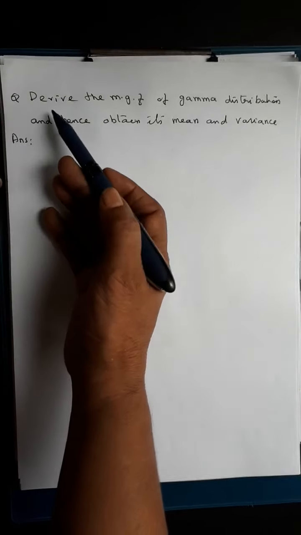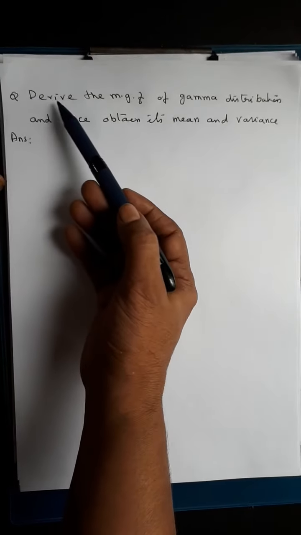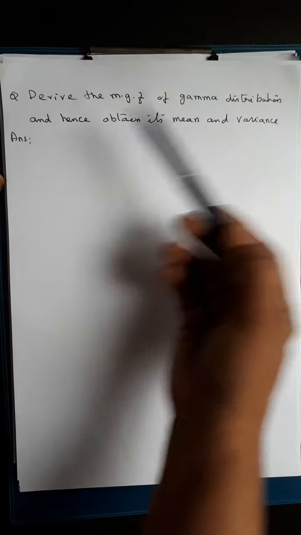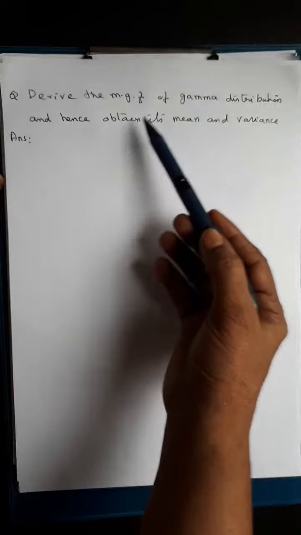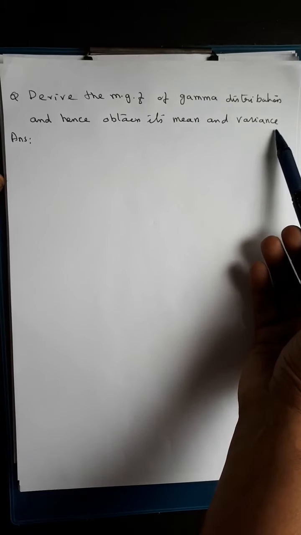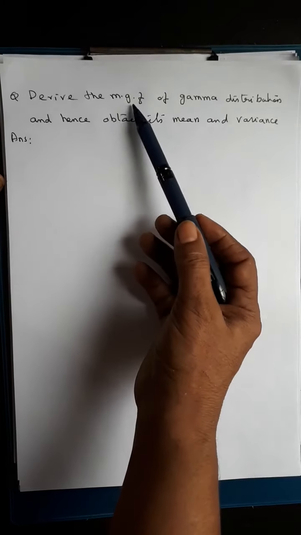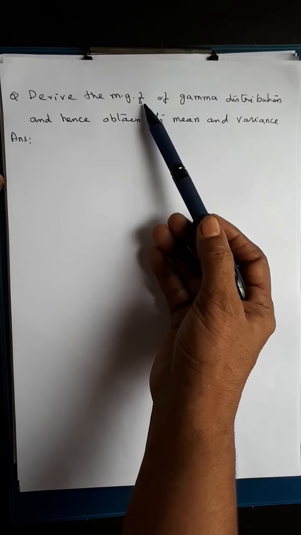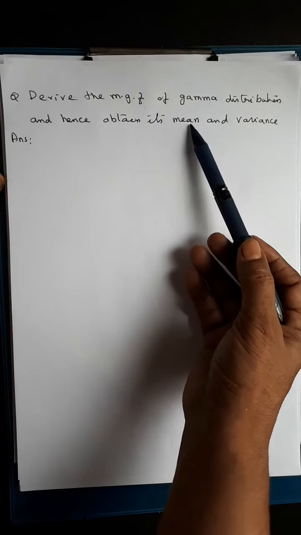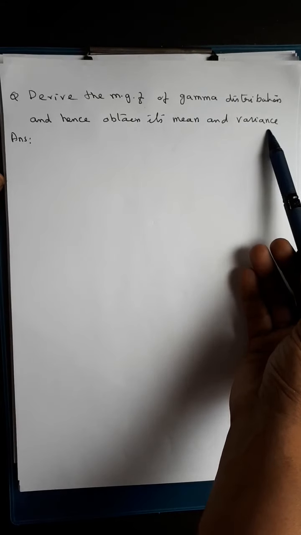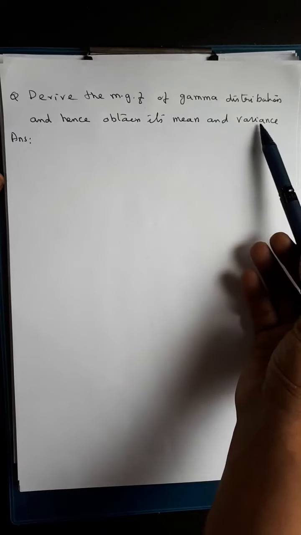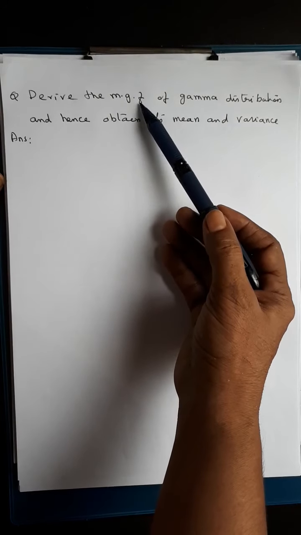Now let us discuss this problem. Derive the moment generating function of gamma distribution and hence obtain its mean and variance. So first we have to derive the moment generating function, and from that moment generating function we have to find mean and variance. Don't find mean and variance directly, we have to find mean and variance from the moment generating function.